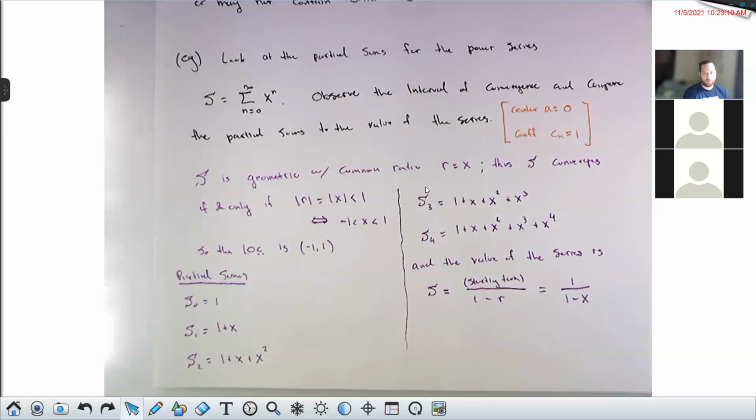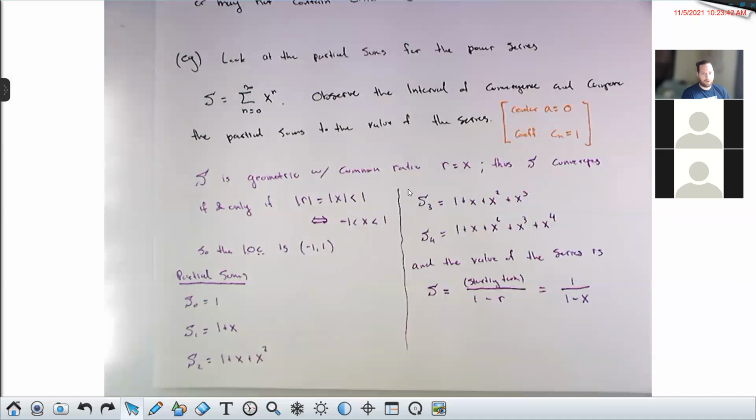So if you were to plug in some number x to this series that comes from this interval, and you want to know what is the sum or value of that series, it's 1 over 1 minus whatever it is that you plugged in. This is a function. It has a graph. And so do all of these partial sums. So when I talk about a power series converging, we're not so much talking about a series of numbers.